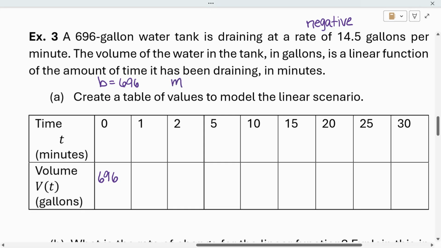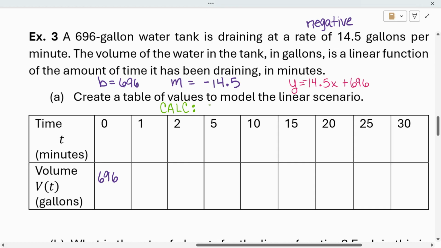We also said that our slope, the 14.5, is going to be negative. So we have an equation, y equals negative 14.5x plus 696. So I want to write down some calculator operations. I want you to go to your calculator.